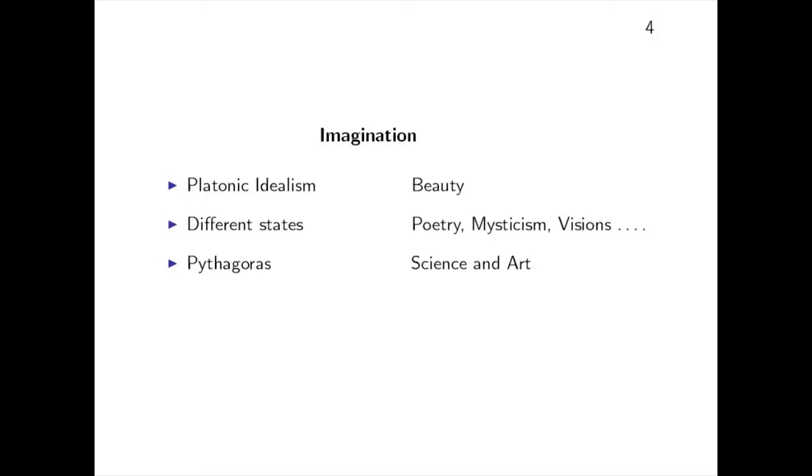So the Platonic idealism is the world where things do not exist, but they're imagined. The imagination is where these things live, because they have to live somewhere. They don't live in the physical world. It's an idea. Where does an idea live? It lives in the mind of the person who has the idea.